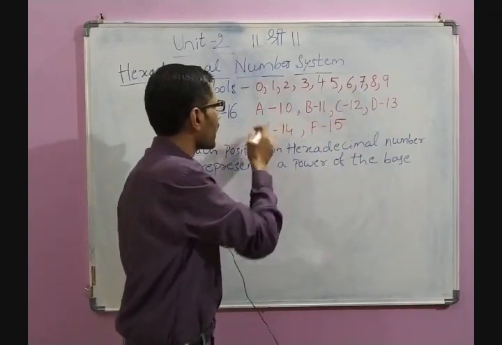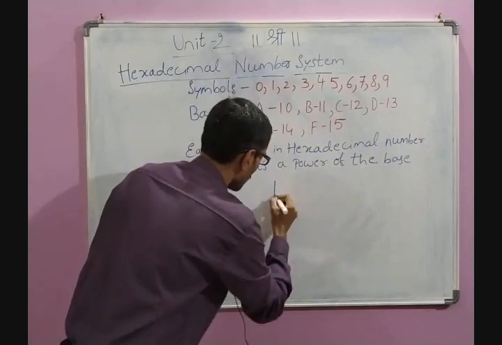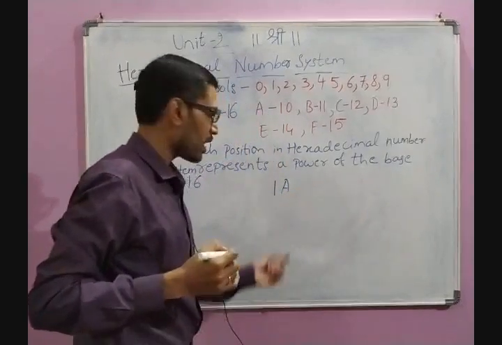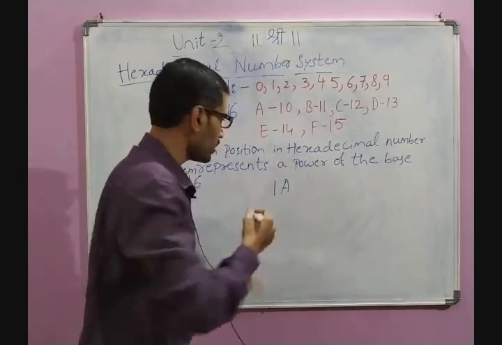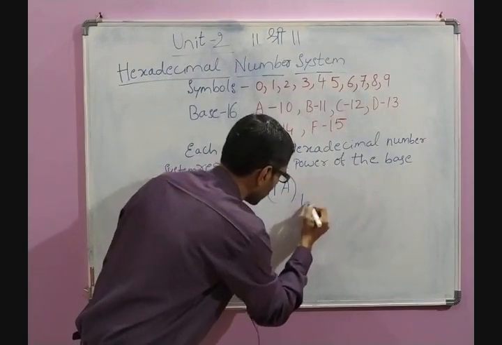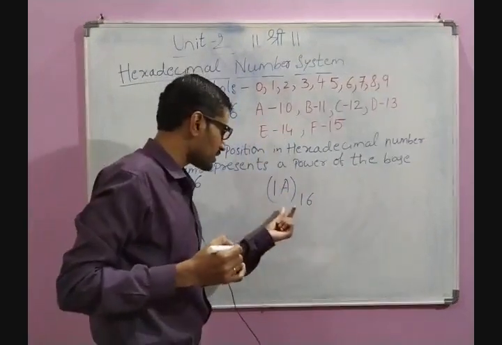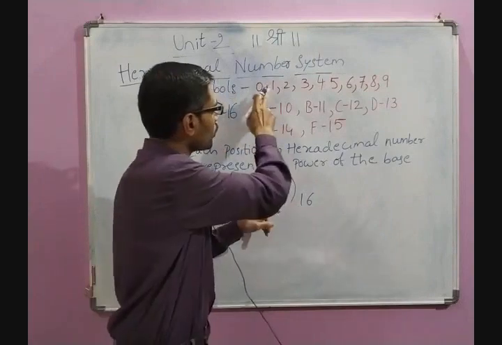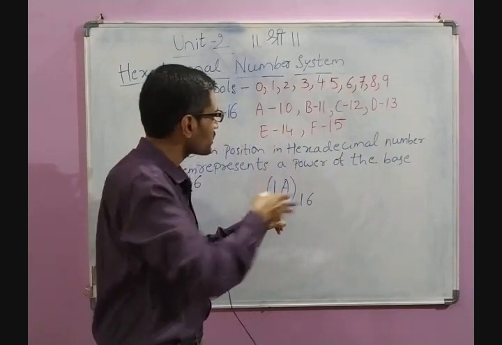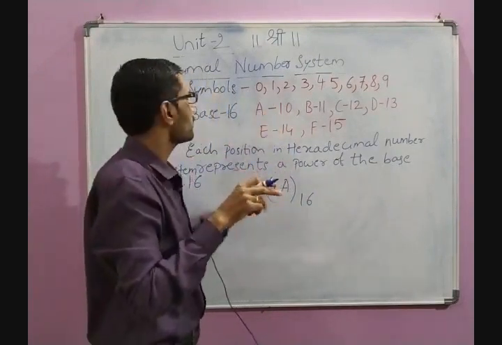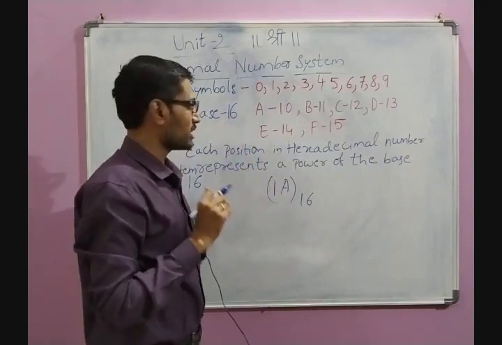So if I have a number in the hexadecimal number system, say 1A to the base 16, the 1 is equivalent to 1, and the A is equivalent to 10 in the decimal number system.